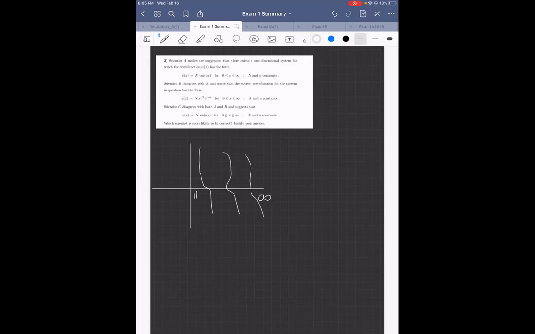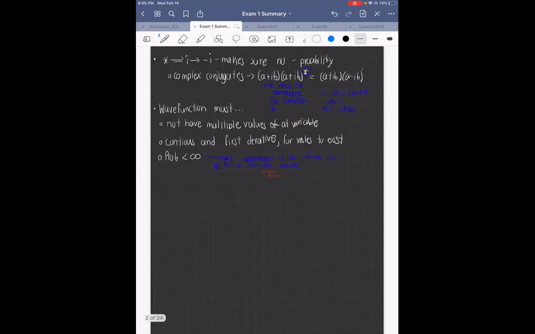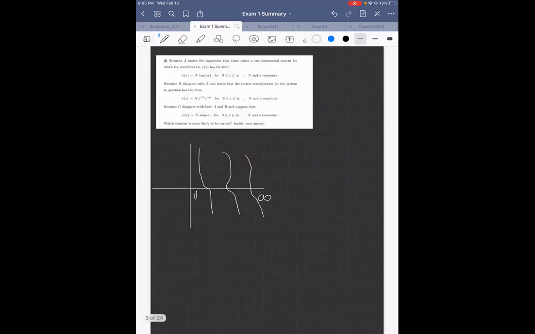Sorry for the bad drawing, but if you were trying to see if this is a good wave function or not, based on our other definition, we would see that this wave function is not continuous. It's not connected at all, which means this would be a bad wave function. So the first one is a bad wave function.